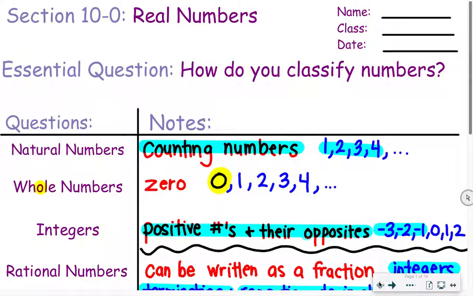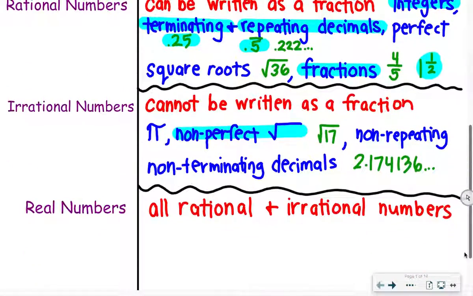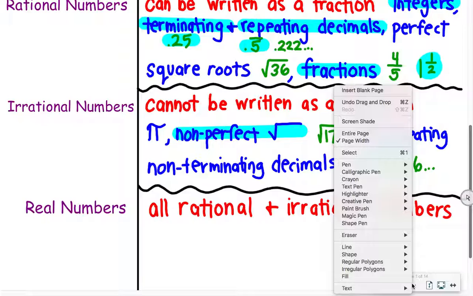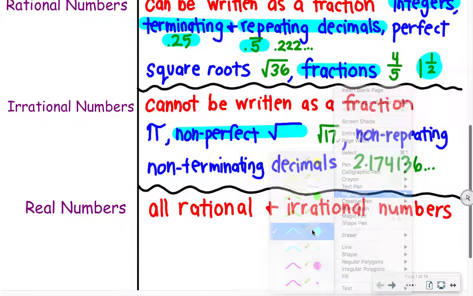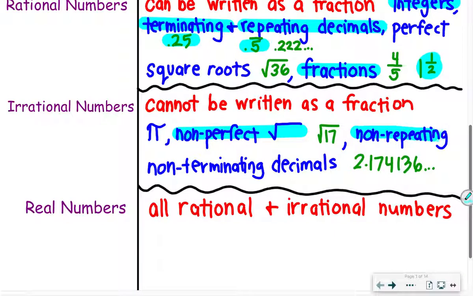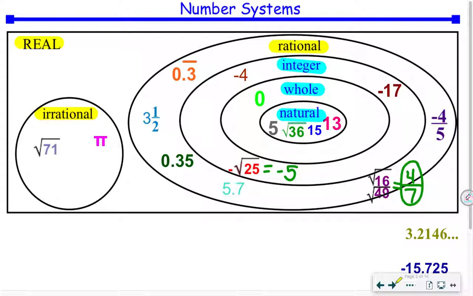3.2146, let's go back a slide here to find non-repeating, non-terminating decimals. There's no repeating there and it keeps going forever. So non-repeating, non-terminating decimals that look kind of like this, that falls under irrational. Over to irrational.